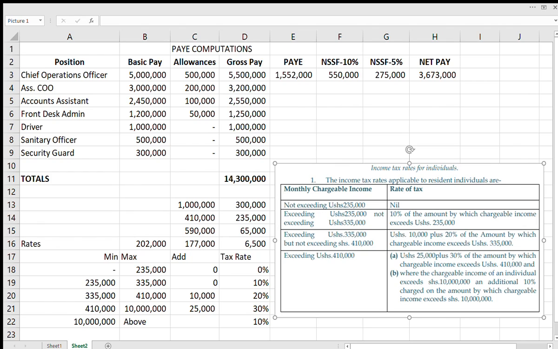Then after having been charged the 30% plus 25,000, this one tells us that any amount he has exceeded 10 million, so for example, he is earning 15 million, that extra 5 million, we charge it 10% and add to the other that he had exceeded 410,000 shillings.